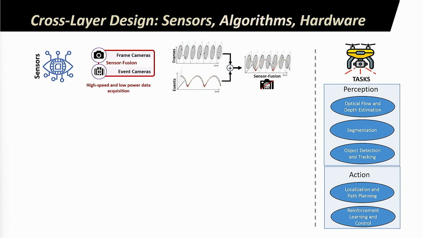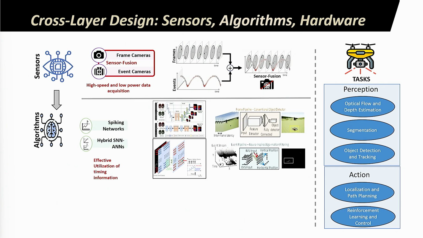So I need to think about how these inputs from my camera should go into a network architecture. What should the network architecture be like? Should it be a spiking neural network? Should it be an ANN? Should it be an LSTM? Those are the things that we talked about. How would I do the training of such a network, to have my objective of optical flow, object detection, tracking, and so on?